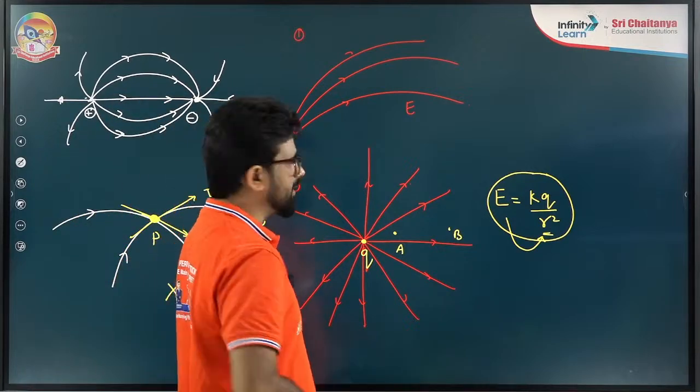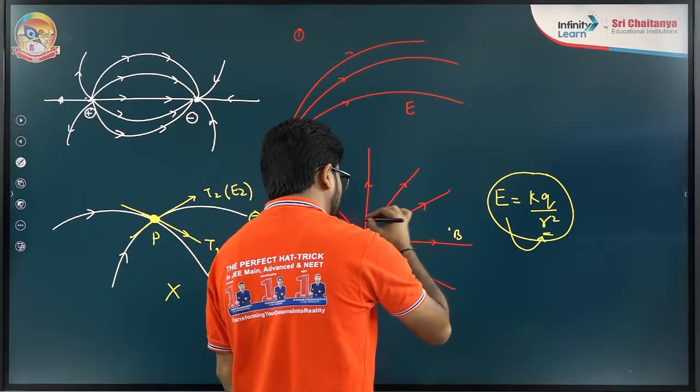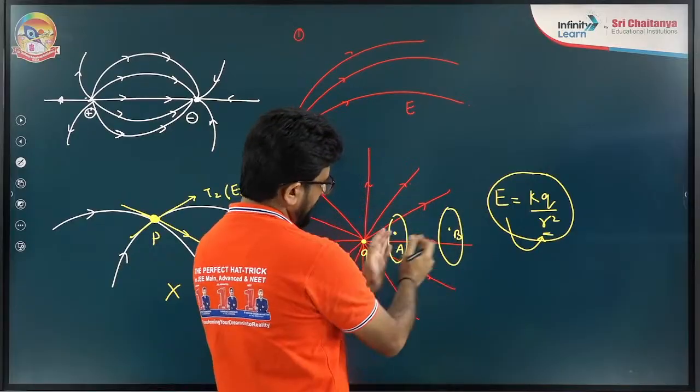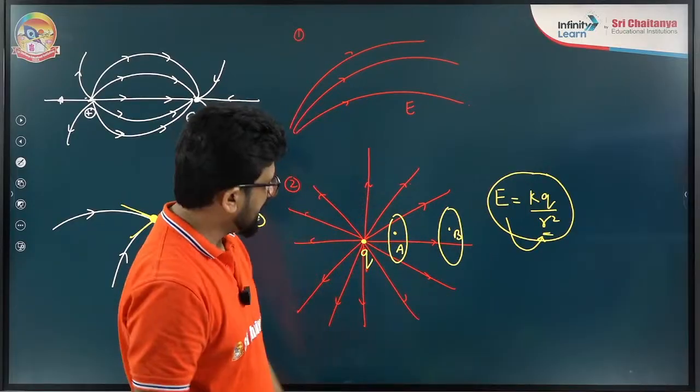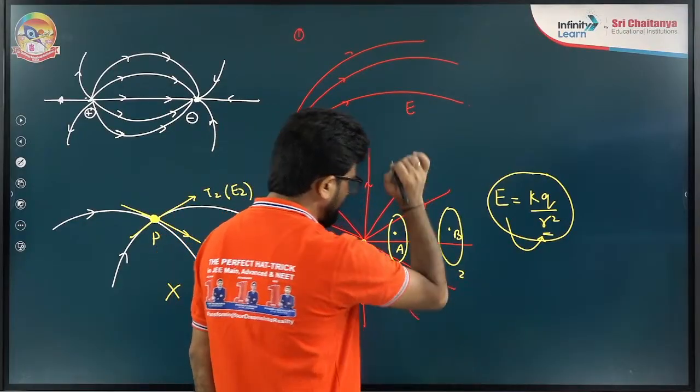Because if you are taking one region, suppose this region you are taking this much, and the same region you are taking this much here. Same, identical. Now see, this is region 1, this point A. This is region 2.